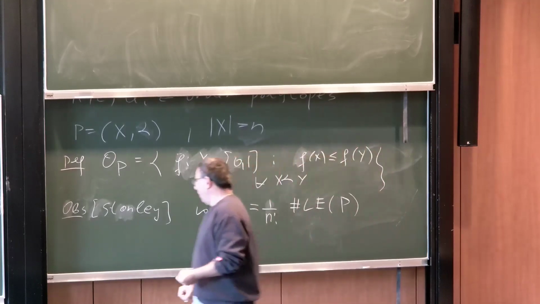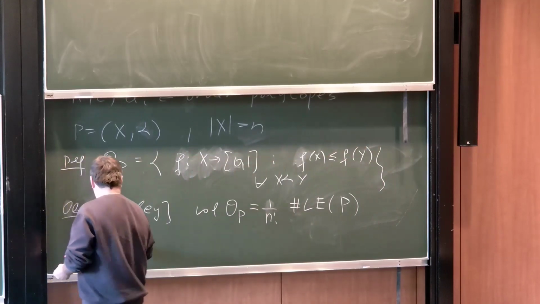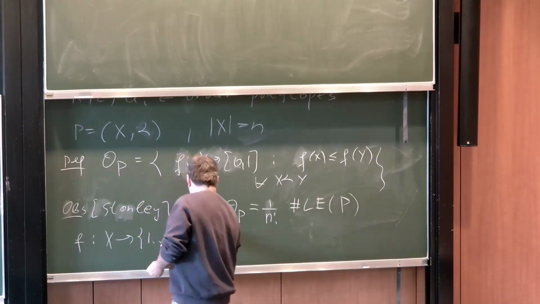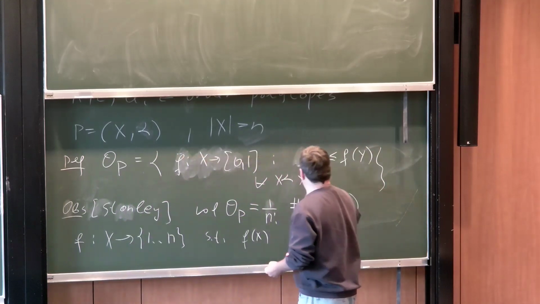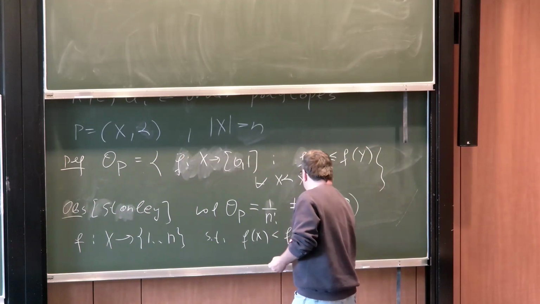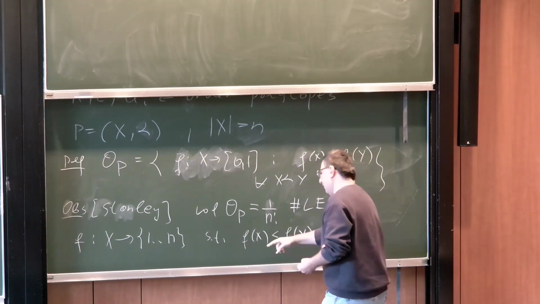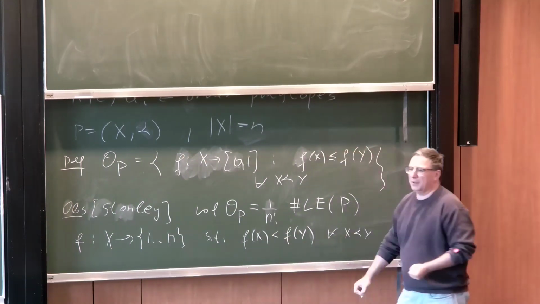a poset P, where a linear extension is a map from X into the numbers from 1 up to n, such that f(x) is less than f(y) for all x less than y.